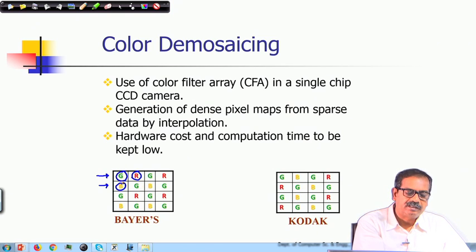So, we can consider the row where red samples are available along with green as the red row, and the row where blue samples are available along with green as the blue row. Whereas, a column can be denoted as either green or non-green. So, in a row the column positions are either green or non-green.